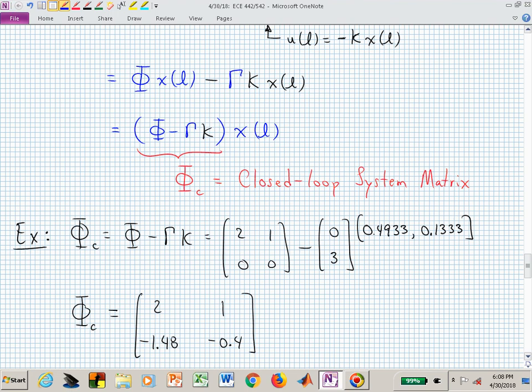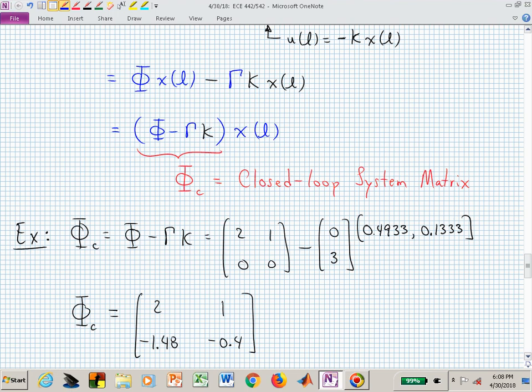And without doing any other analysis, you know what the eigenvalues of phi sub C are, if your algebra before was accurate. What are the eigenvalues of phi sub C supposed to be? What's the answer in the back of the book? Where did we set those?